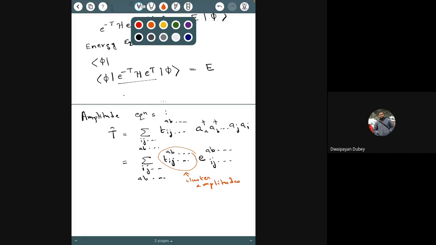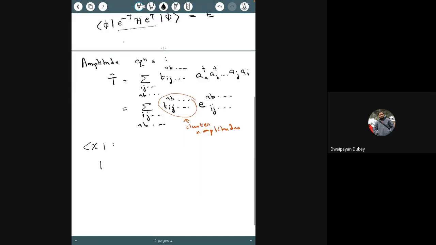And to obtain these cluster amplitudes, we need the amplitude equation. And the way that it is done is that you project with excited determinants. So every chi is basically some E_ij, one particular operator acting on phi. And I can maybe call this a particular one, just to be clear.